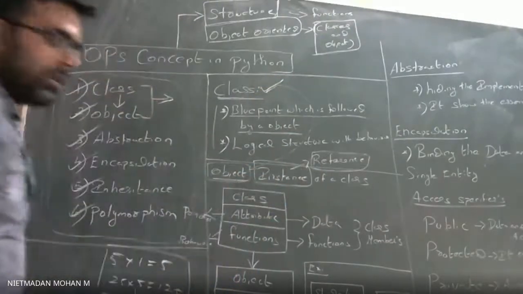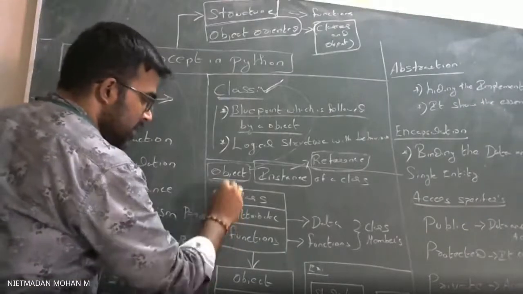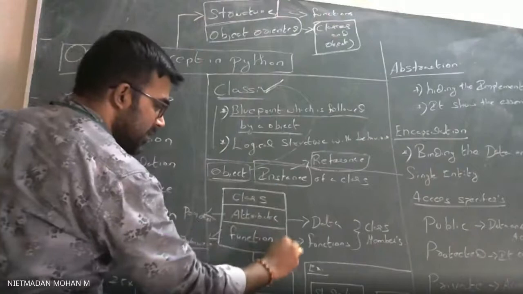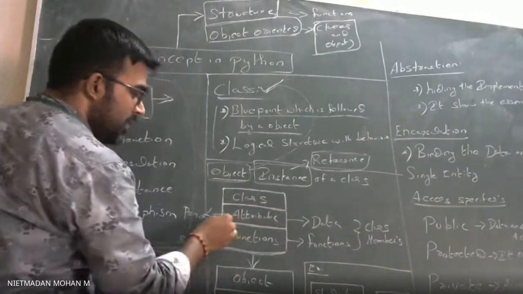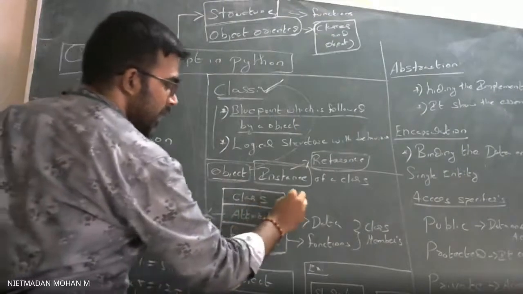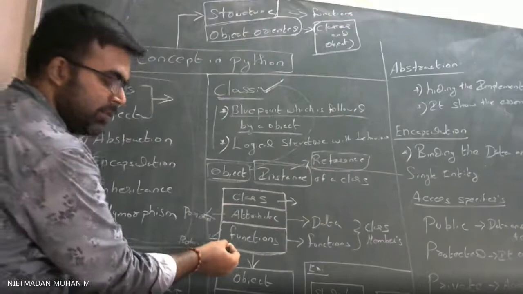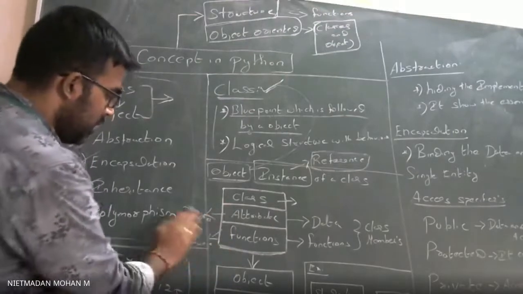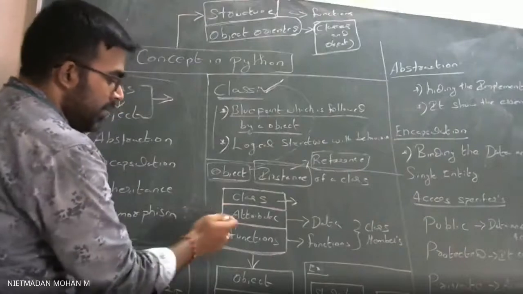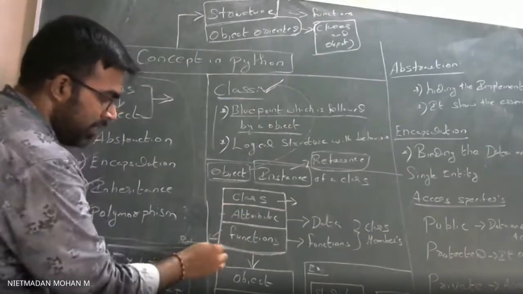Here you can see the structure. This is the basic syntax of a class. It consists of three blocks: the first is the class name, the second is the attributes, and the third is the functions. These can be named as the attributes and the behavior of the particular class.